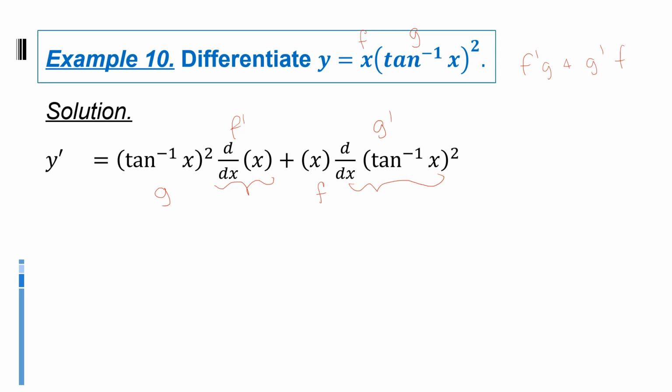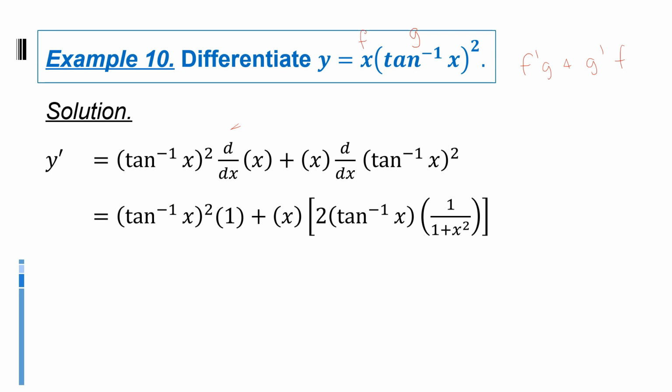So we have arctan of x squared times the derivative of x plus x times the derivative of the square of arctan x. So that is now the square of arctan x times 1, because the derivative of x is just 1, plus x times, okay, here we will now use chain rule.